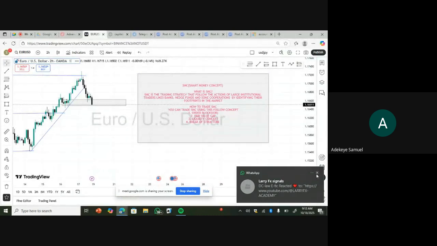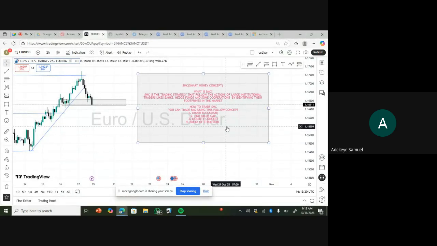In today's lesson, I'll be talking about what smart money concept is, what SMC is, and how to trade SMC. What is SMC? SMC is a trading strategy that follows the actions of large institutional traders like banks, hedge funds, and some corporations by identifying their footprint in the market.